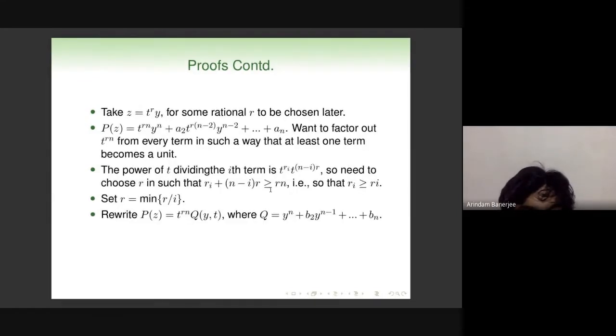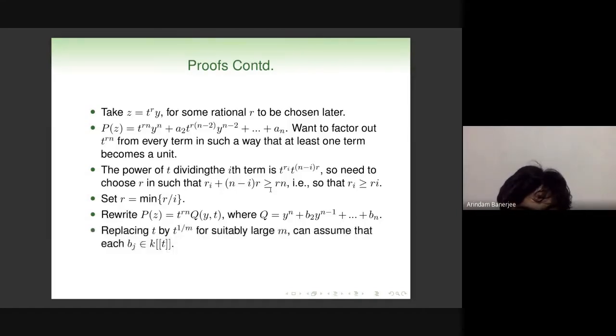With this, we can rewrite P(z) to be t^(rn) Q(y,t), where Q is y^n + b2 y^(n-2) + ... + bn, and replacing t by t^(1/n) for suitably large n, we can assume that each bj belongs to k[[t]].